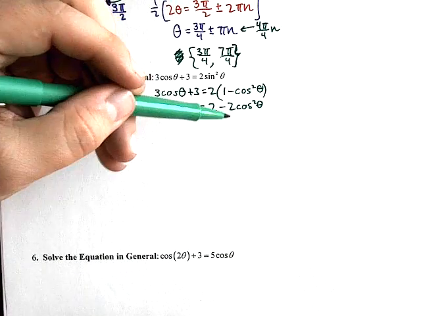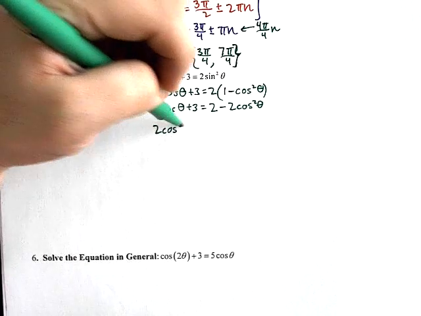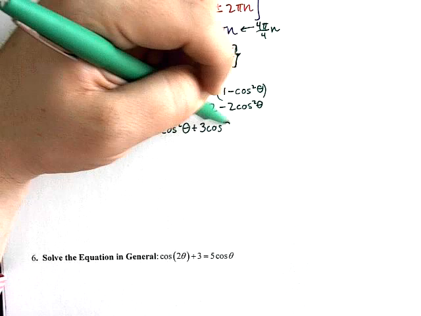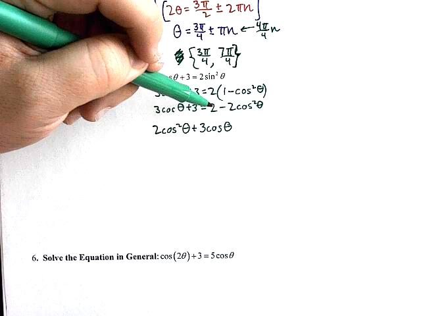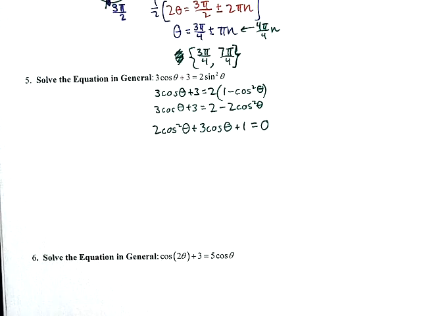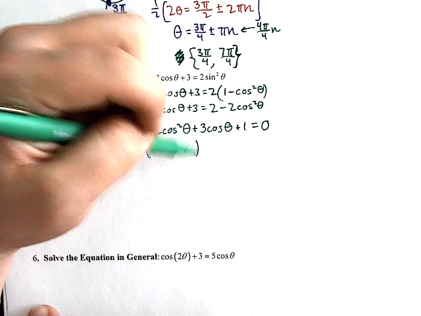So let's move everything over to one side. So I get 2 cosine squared theta plus 3 cosine theta plus 1, and that's all equal to 0. Oh yeah, this is good. This is nice. Hopefully you guys are seeing that I can now factor this.